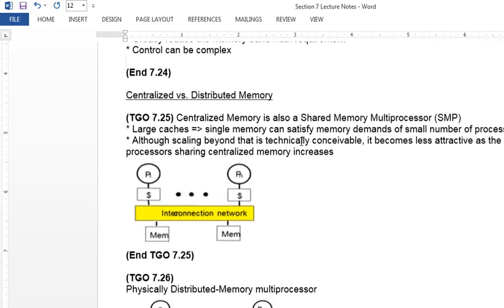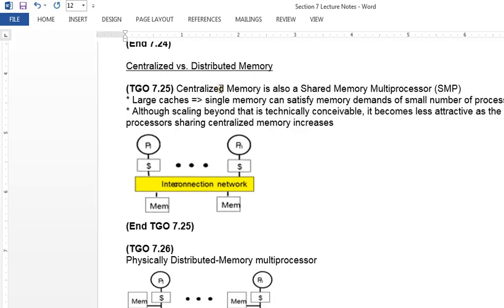So this concept of central and distributed memory: centralized memory is also known as a shared memory multiprocessor, an SMP. Here we have the interconnection network, and memory talks through the interconnection network, and then there are local copies of the caches right near the processor.